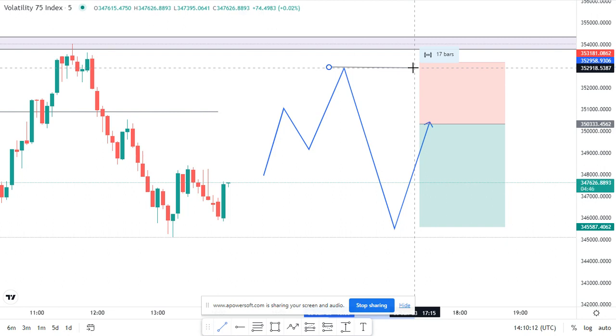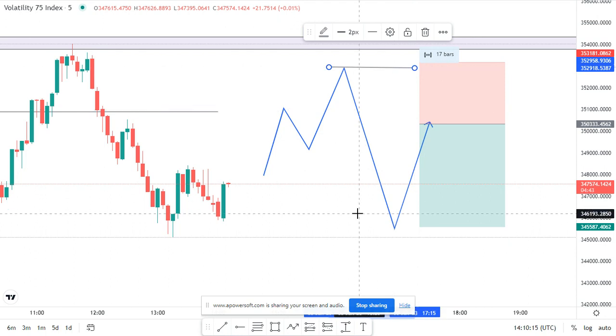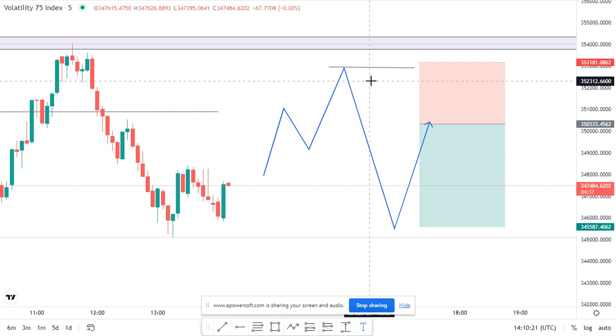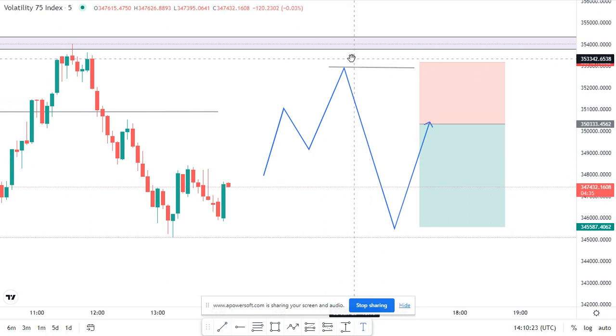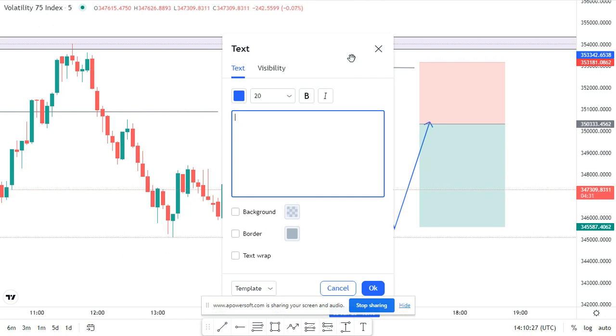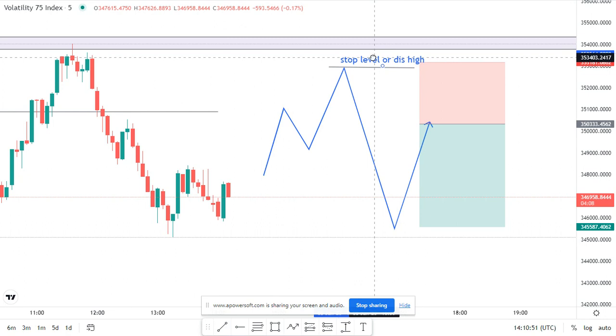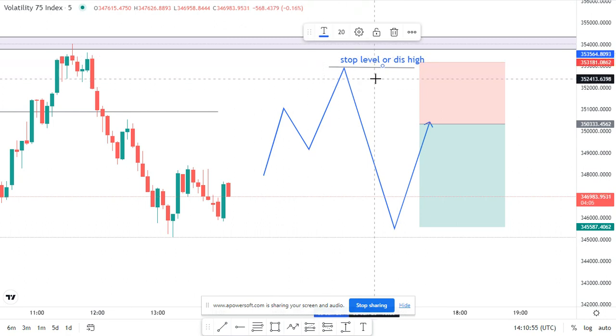This is going to be our stop loss level, also called the displacement high. That's where you put your stop loss, above the displacement high.